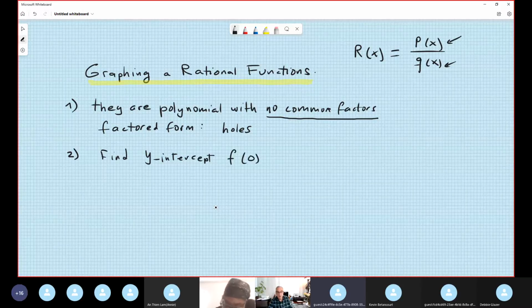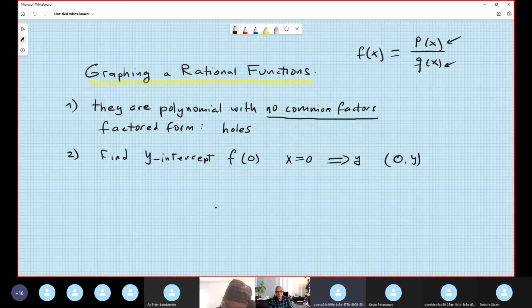Let me call it F, as we have called it so far. This is the original function. You evaluate the function at 0. It's just plugging in x equals 0 and determining the y value associated with it. So the point is (0, y), with the y that you obtain after plugging in and computing.